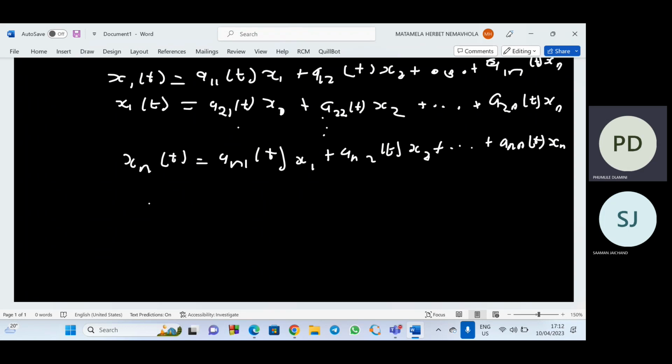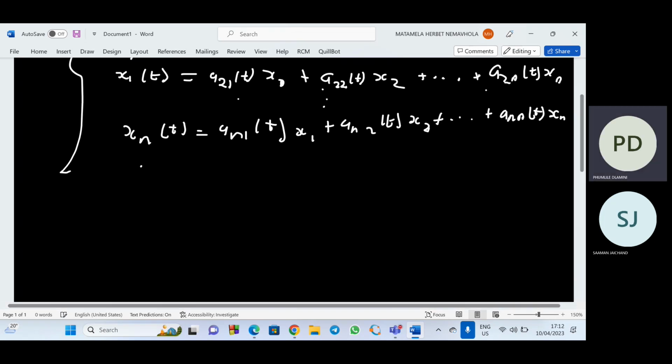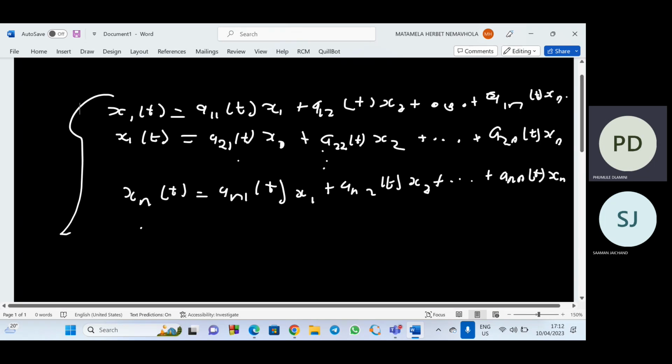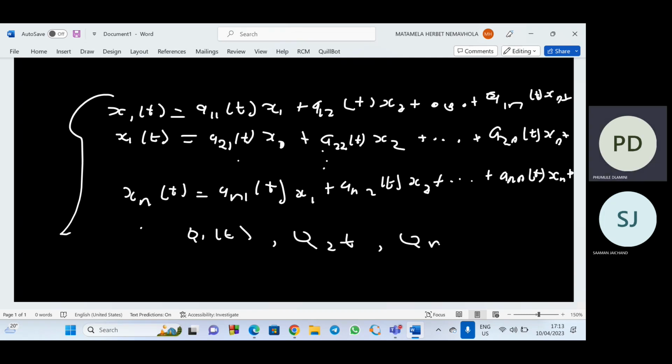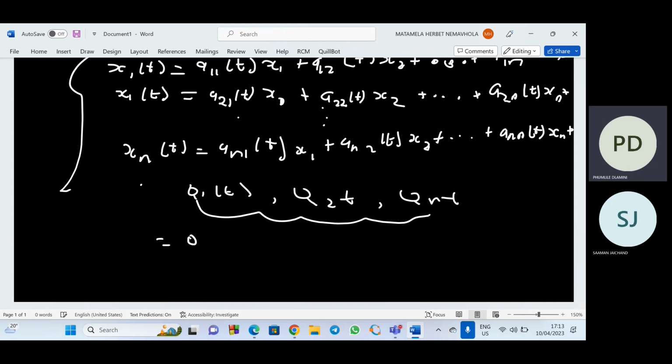When we talk about the homogeneous system, if in this equation that I just wrote, I add q1 of t to the first, q2 of t to the second, and qn of t to the last, then if all these q1 of t up to qn of t are equal to 0, our system is going to be a homogeneous system.